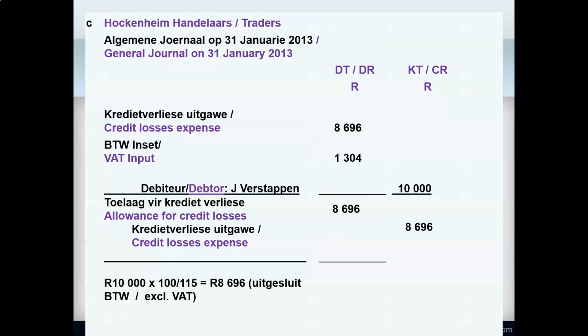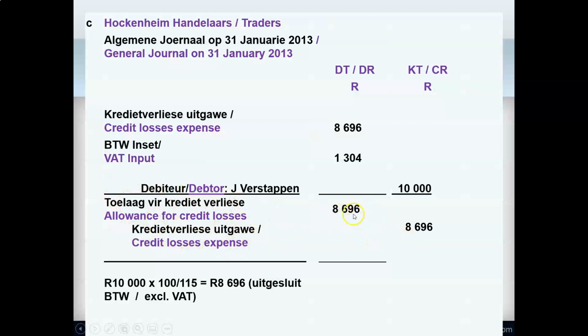Now, when you have a question where there is a standard percentage that we're going to provide as an allowance for credit losses, you do not have to do this part when you write off the debt. You will only do that part at the end of the year, when you adjust your allowance for credit losses account to whatever amount you want. You will pass the adjustment entry against your expense account.